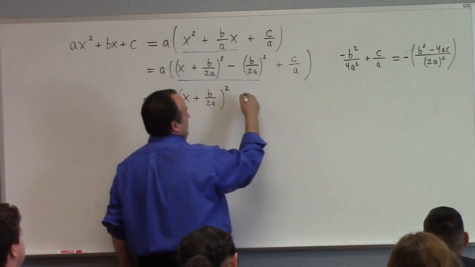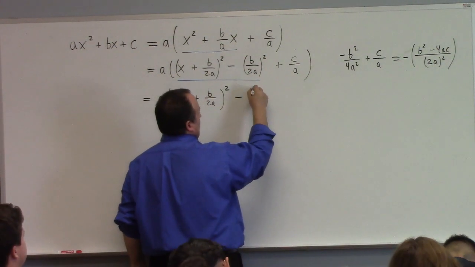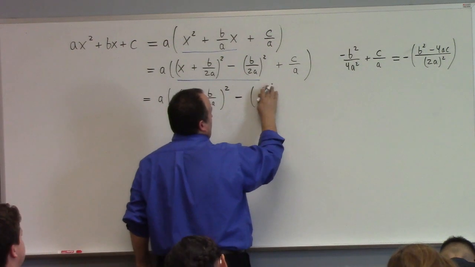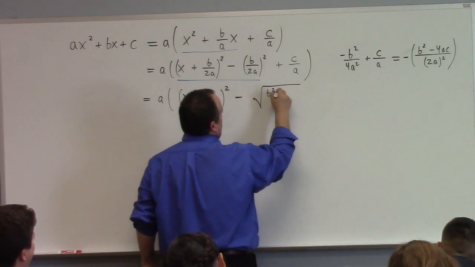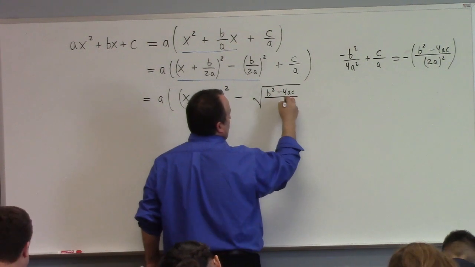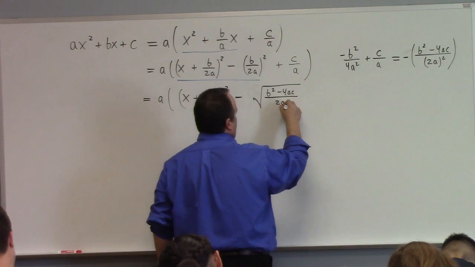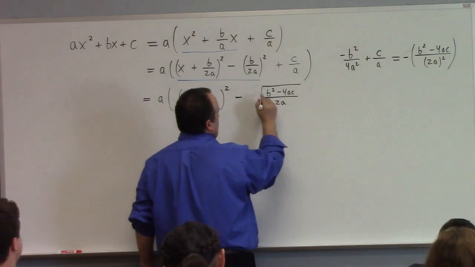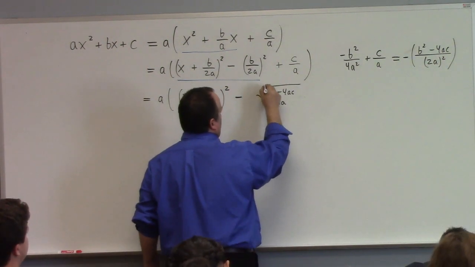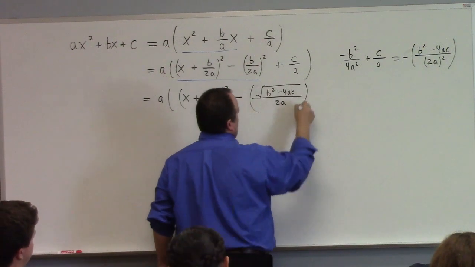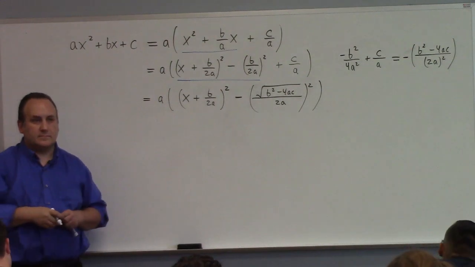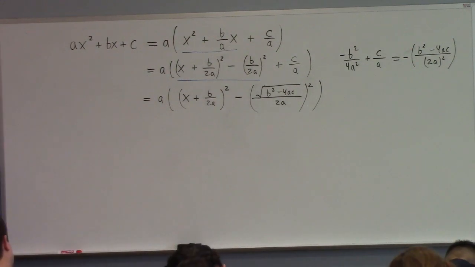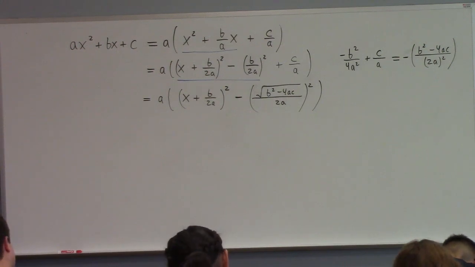That's what this works out to. So I've got a minus parentheses. Well, I could write it this way. It's minus the square root of b squared minus 4ac over 2a. I can leave the 2a outside the square root here. That squared. That's what the algebra does here.